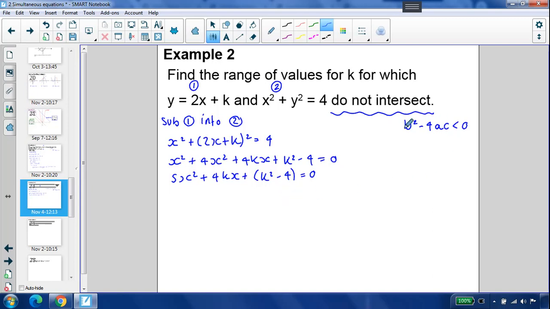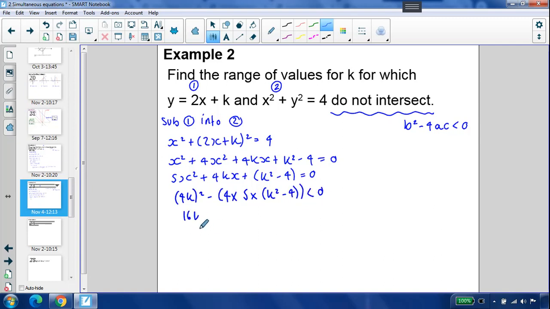So now I'm going to use the discriminant and the fact that we know that the discriminant is less than 0. So b squared is going to be (4k) squared minus 4 multiplied by 5 multiplied by (k squared minus 4), and that's less than 0.